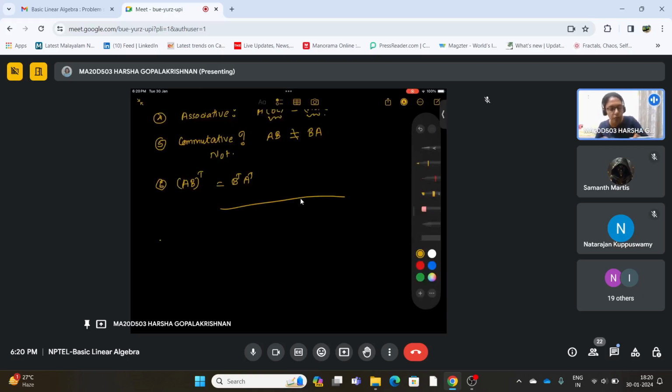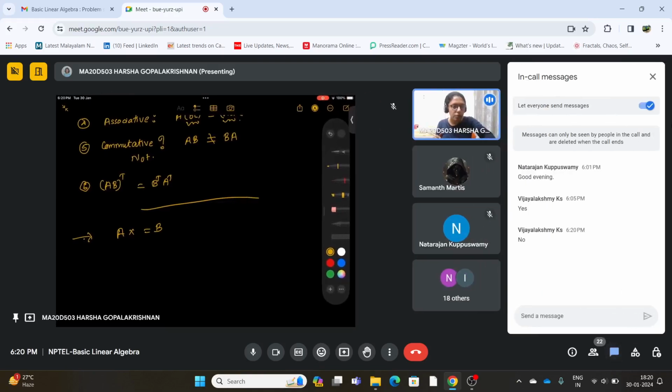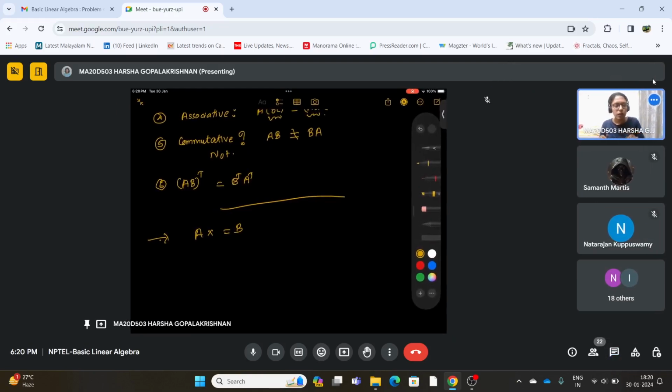Now again we will come to the linear system of equations. Already we have a system Ax equals B. From the set of linear equations, what we got is the system Ax equals B. Here A is an m by n matrix.